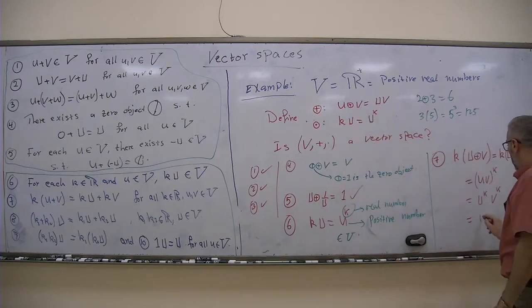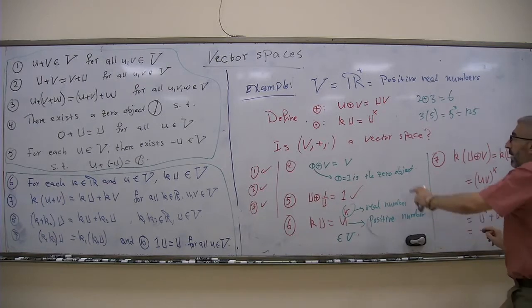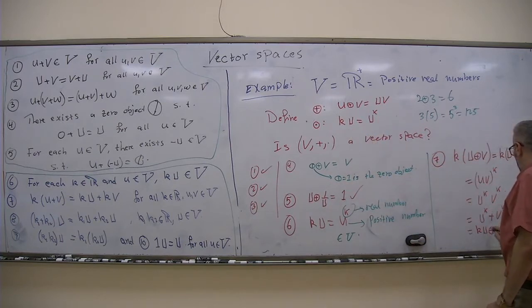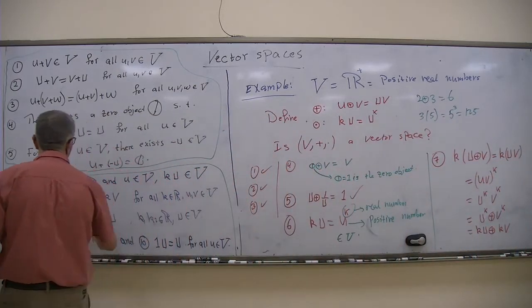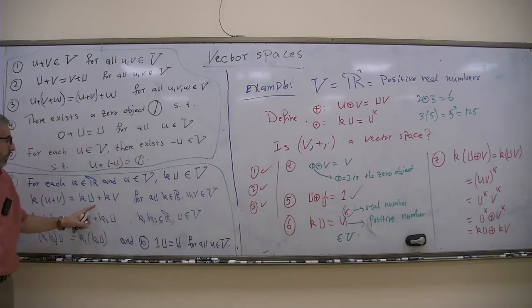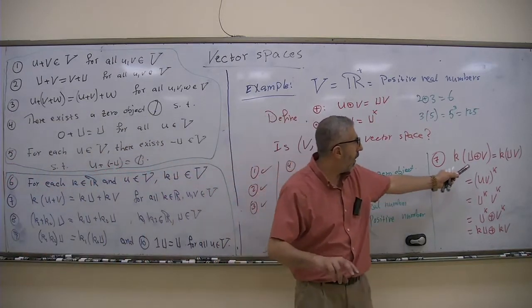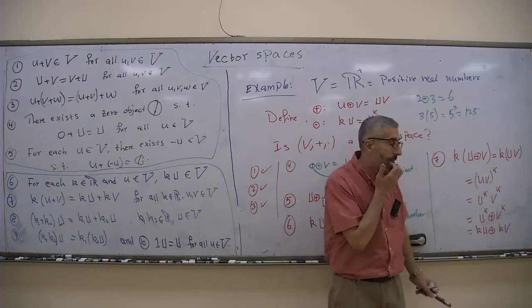Now, go back. This is u^k plus v^k, which is ku plus kv. So look here, the way we write it is tricky. That is number 7.